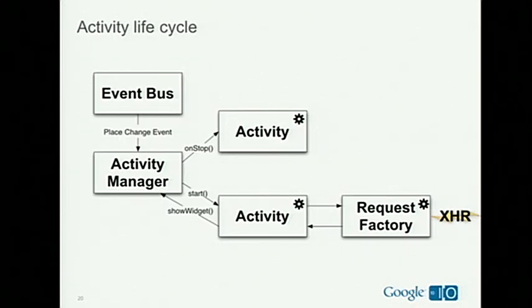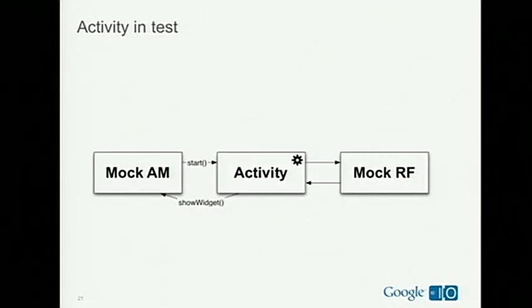If I want to really focus on the expense report editing logic in my app in an interactive way that I can refresh to the browser without rebuilding my entire app, I've got a way to do that. If I want to write a nice little isolated JRE unit test, I've got a nice unit through which I can do that as well. That's the basic point of the activity.